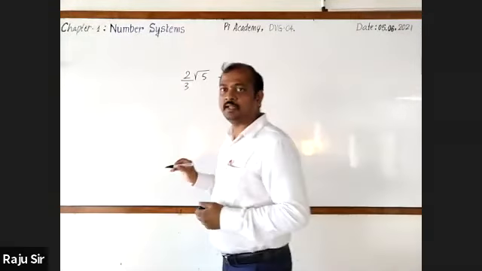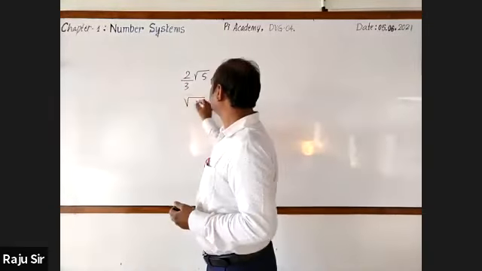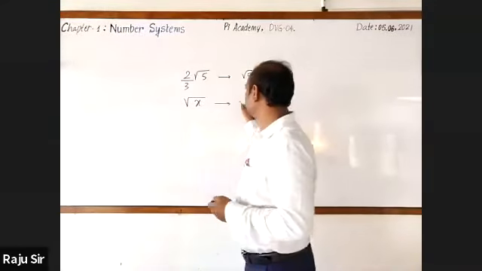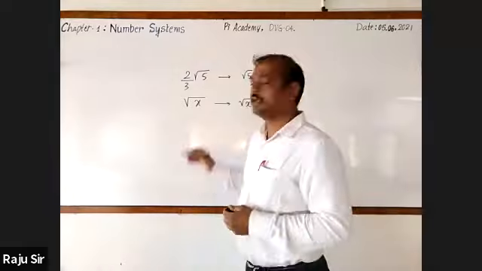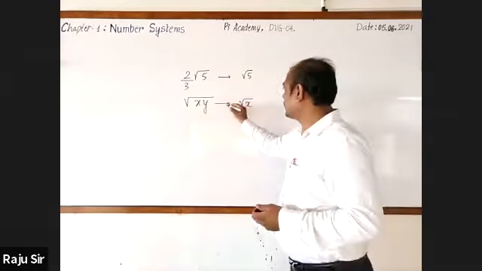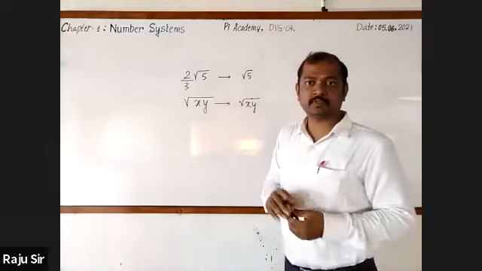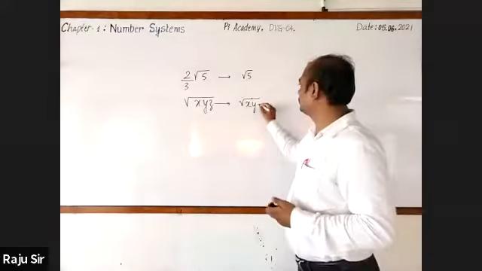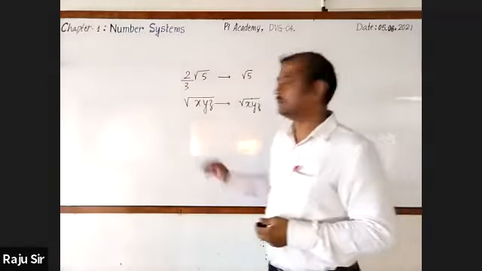Right? Similarly, in general, what is the rationalizing factor of root x? It is root x only. Square root of xy: its rationalizing factor is square root of xy. Square root of xyz: its rationalizing factor is square root of xyz.